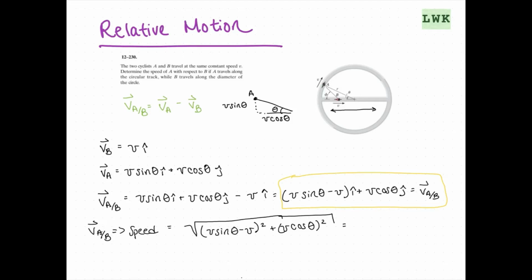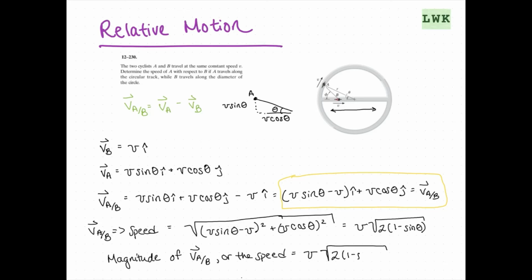So the square root of the sum of the squares, and this is going to work out to give us V times the square root of 2 times 1 minus sine of theta. So the magnitude of V A relative to B, or the speed, is going to be equal to this expression here. And that is our final answer.